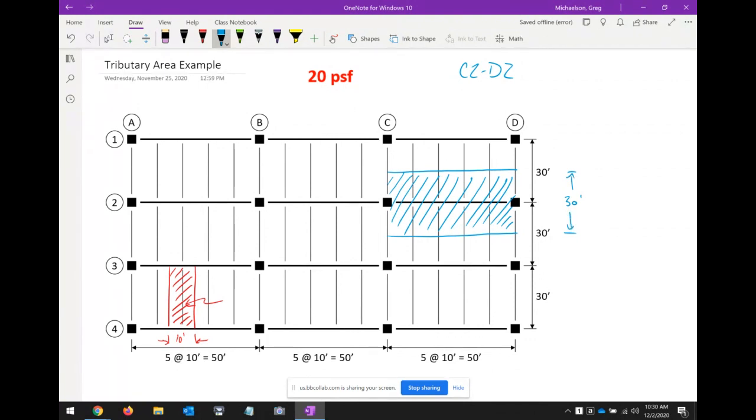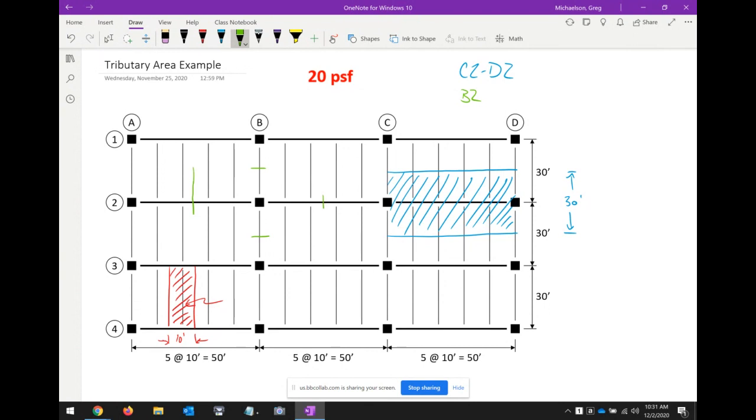All right, now for the columns, we're going to look at column B2. For column B2, what we do is we go halfway over to the next adjacent element. And when we say the next adjacent element, we're talking about the next adjacent column, right? So halfway over to the next adjacent column would be maybe over here, or here, or here, or here.